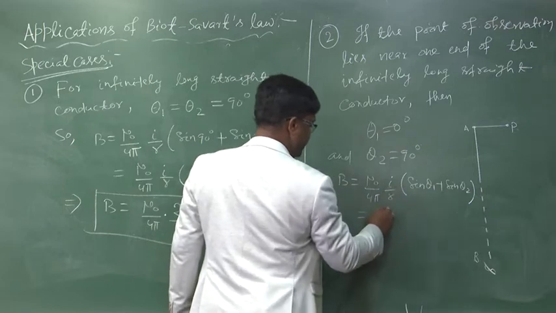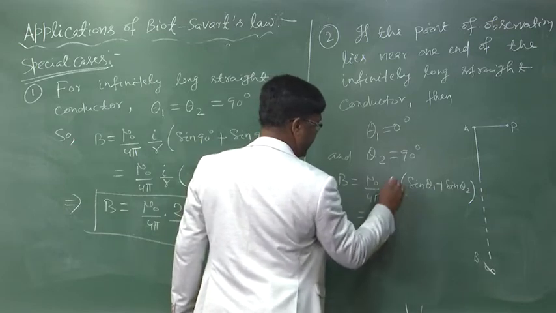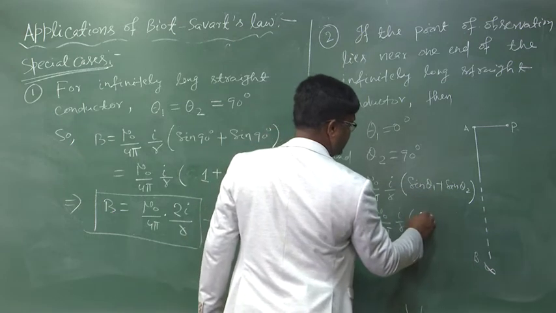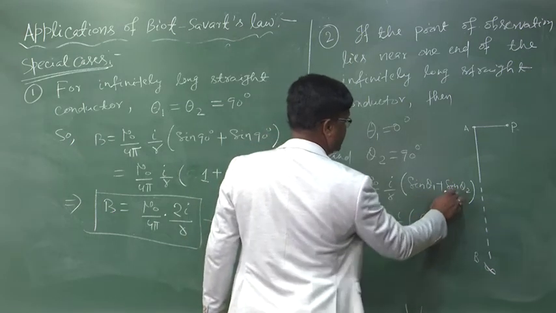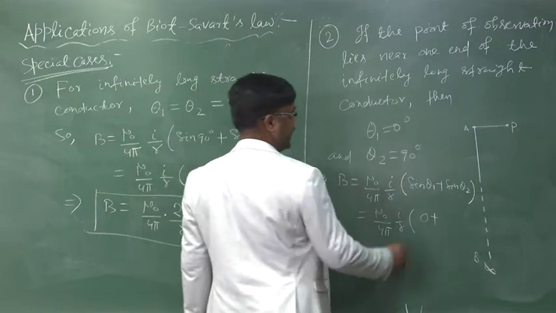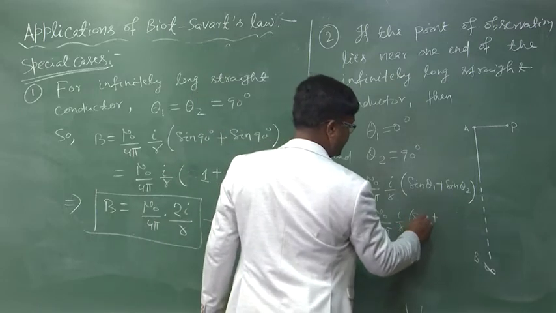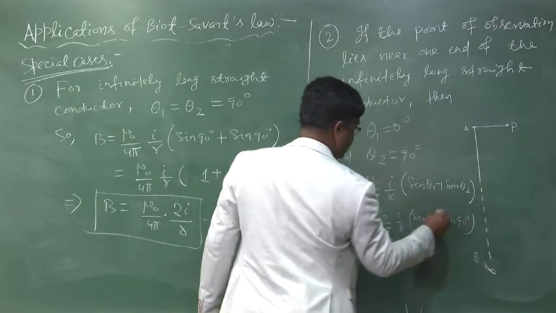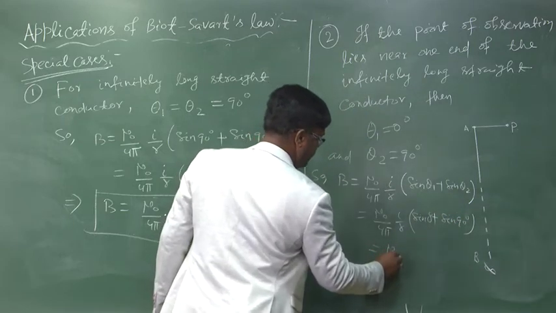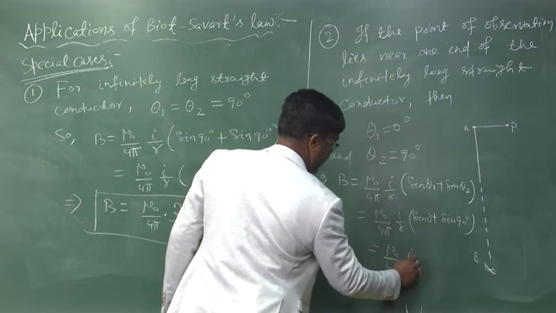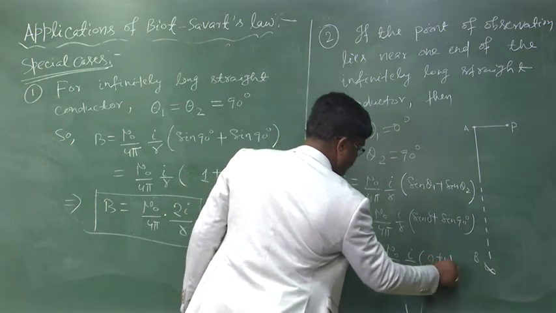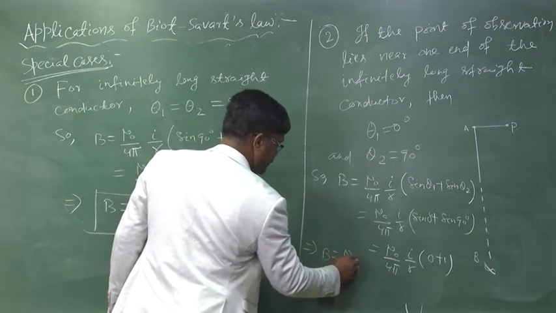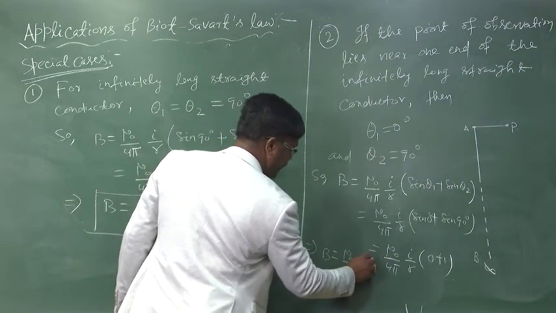Theta 1 is 0, so sin 0 plus sin 90, which is mu 0 by 4 pi, I by r, times 0 plus 1. This implies B is equal to mu 0 by 4 pi, I by r.